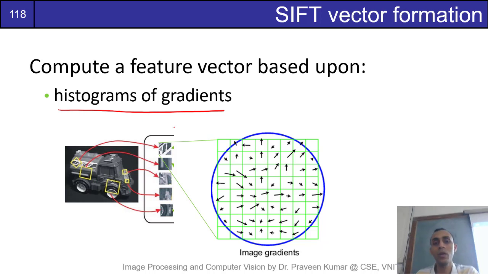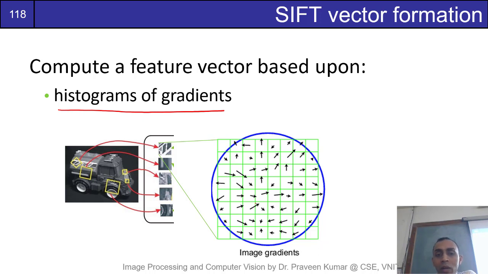So here I'm just showing you a grid of 8 by 8 pixels, let us say. These are just pixel locations, and the arrows are depicting the direction of the gradient, and the length of the arrow is depicting the magnitude of the gradient.